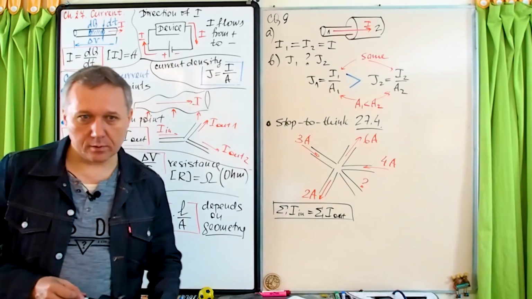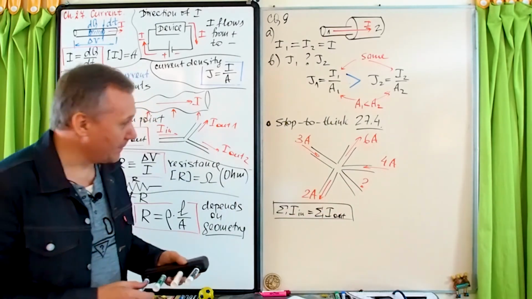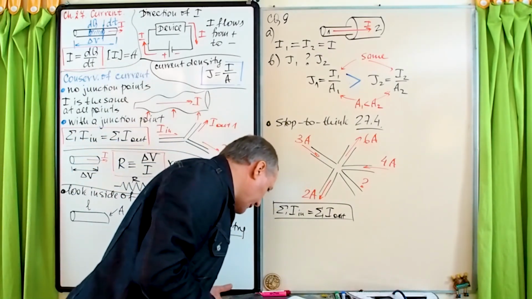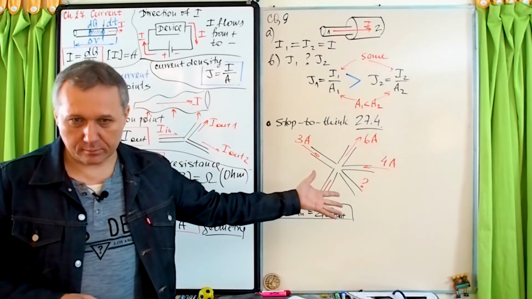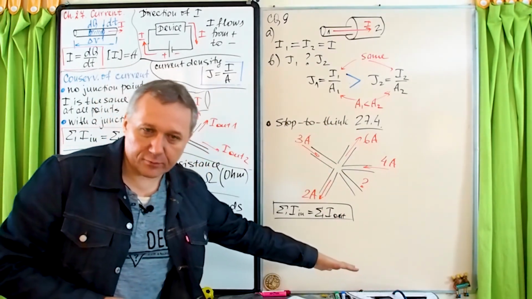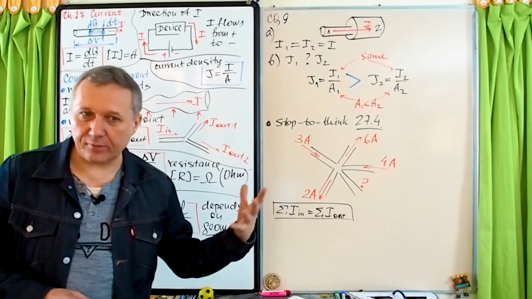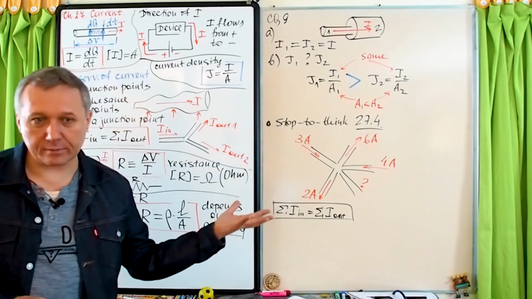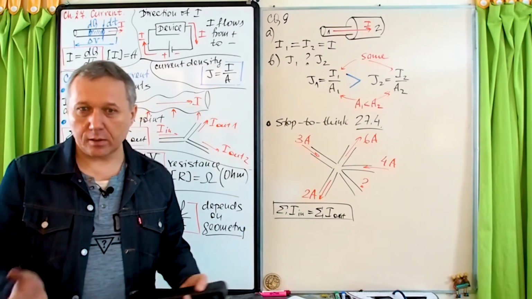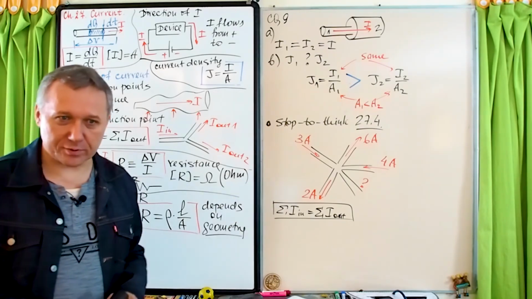It's a huge percentage, so let's use it, like gamblers. Let's assume a direction of current. Write this formula properly and solve it for the value of the current. If my current happens to be positive, my assumption was correct. If the value would be negative, no big deal. Flip the direction of the current, keep the value, and you're all set. 50% is a huge percentage, so we're going to use it.